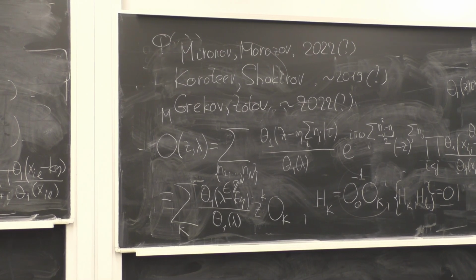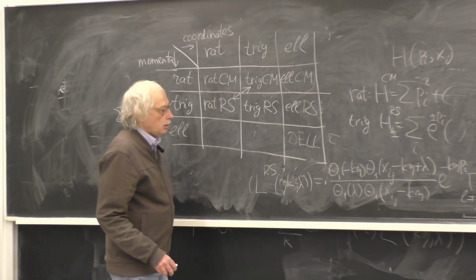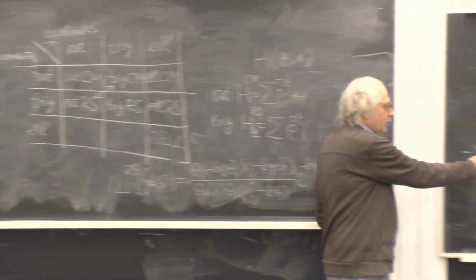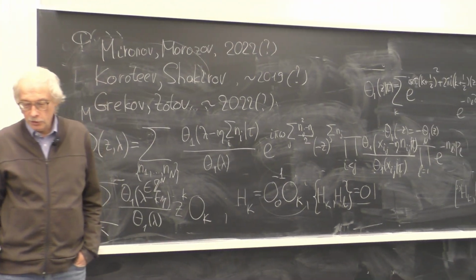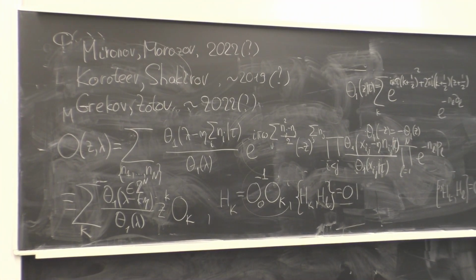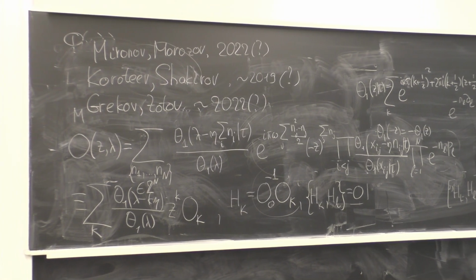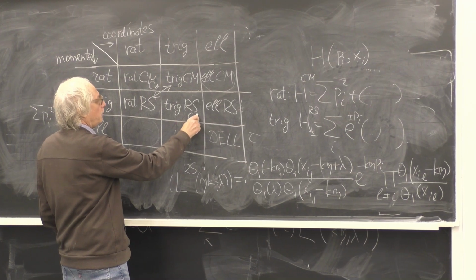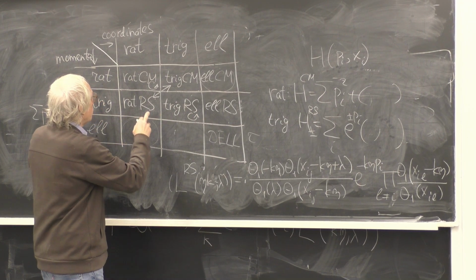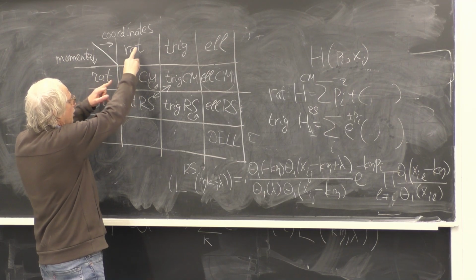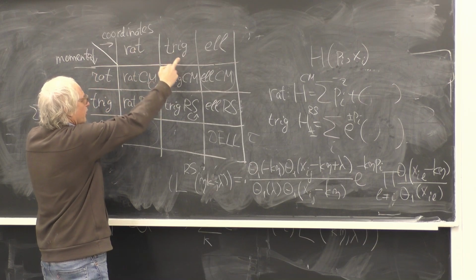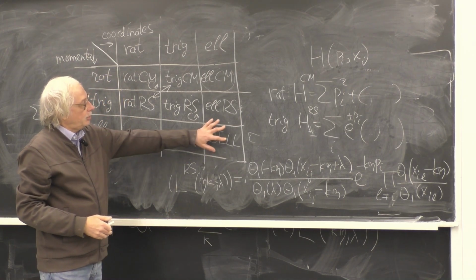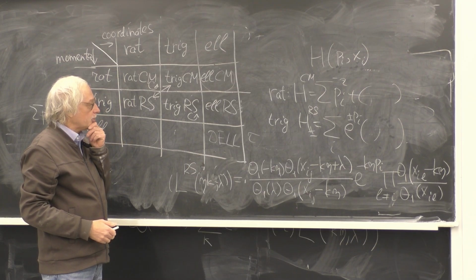Another question is about duality transformation. It seems that this Karateev-Shakirov model, it is double elliptic, but it is not self-dual like these models. Self-dual, when the dependence on coordinates and momenta are of the same type, rational, trigonometric, here elliptic, and we could expect that these models are self-dual, but this is not the case.